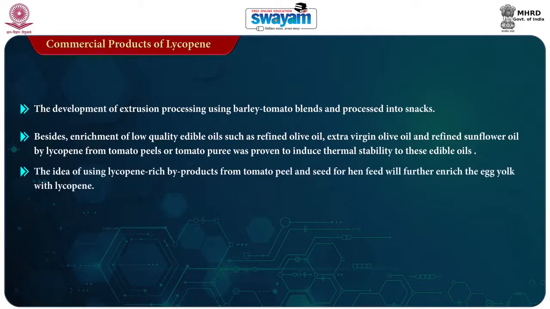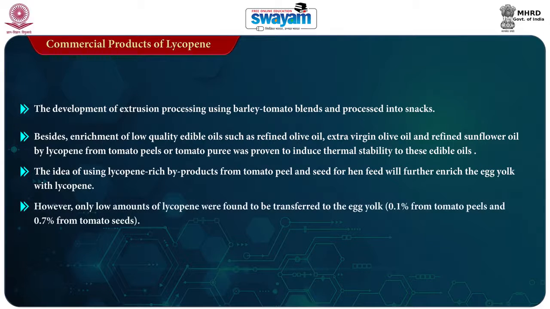The idea of using lycopene-rich byproducts from tomato peel and seed for hen feed will further enrich the egg yolk with lycopene. However, only a low amount of lycopene was found to be transferred to egg yolk, approximately 0.1% from tomato peels and 0.7% from tomato seeds.